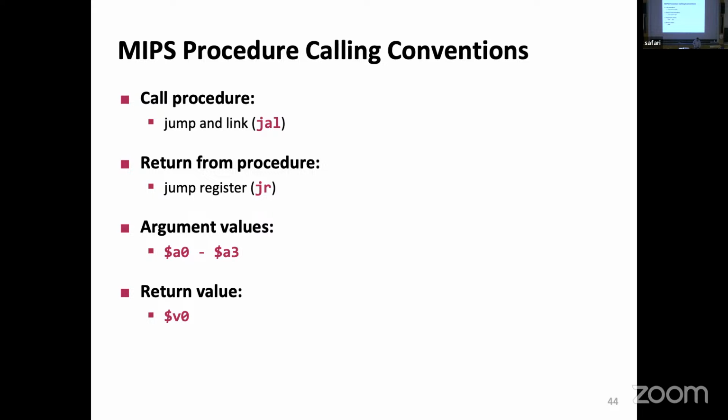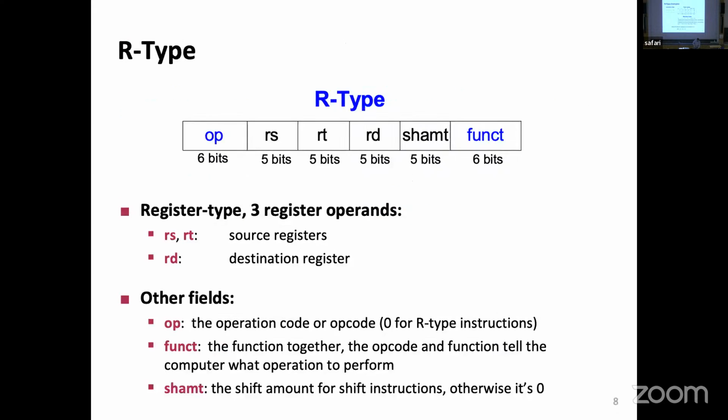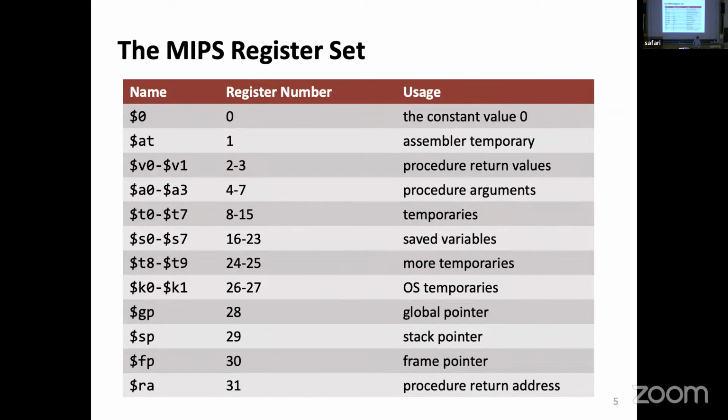If we go back to the registers, let me see if I can manage this. Here. If you look at your registers, the RA, the procedure return address, is the special register number 31.